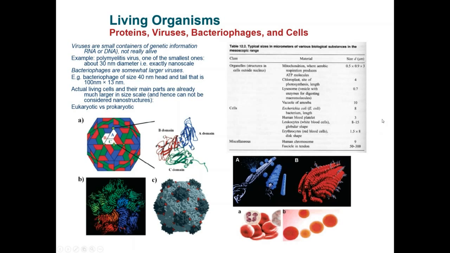Living cells are typically between 8 to 15 microns. Bigger cells or parts or tissues can range to several hundred microns as well. On the other hand, I forgot to mention, most viruses and bacteriophages are in the order of 20 to 40 nanometers.